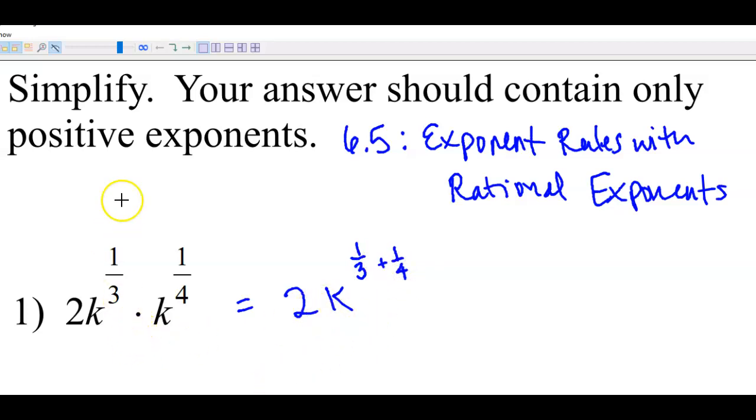If this would have just been like 2 times k squared times k to the 4th or something, we would have just gone ahead and added the exponents to get 2k to the 6th, right? Same thing, but now we just have rational exponents. In order to add two fractions together, we have to have a common denominator, right?